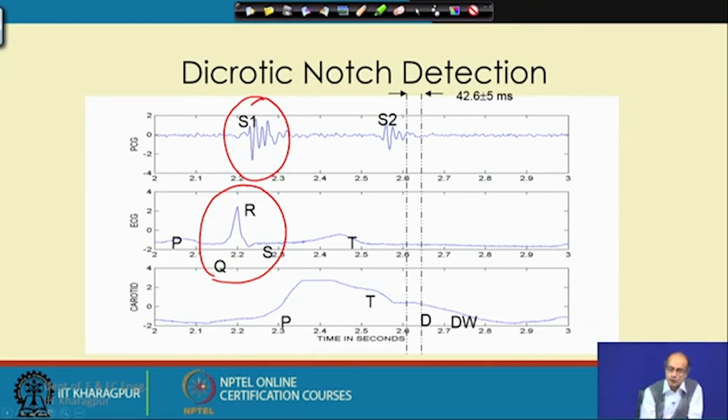If they have not closed properly, some blood can backflow, and that will give rise to some sound. All such things will be depicted in the S1 sound or S1 vibration.